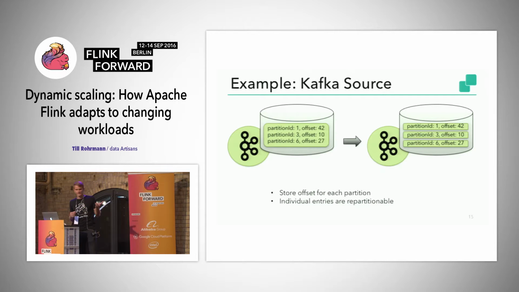What we changed now is that we store each partition offset with a partition ID in an individual unit, so that the system can assign the partitions to other subtasks as well. And that way, we are actually able to scale non-keyed state.